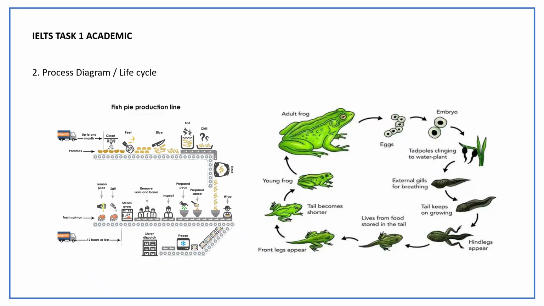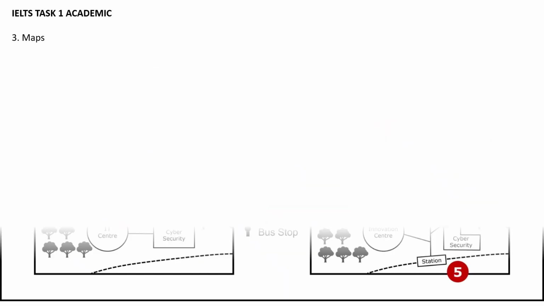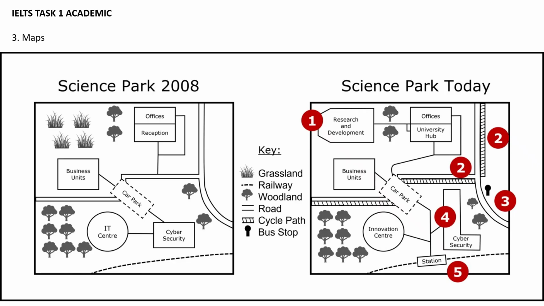And then you may also get the maps, like this one. You can have maps of two different times, one of the past, one of the present.